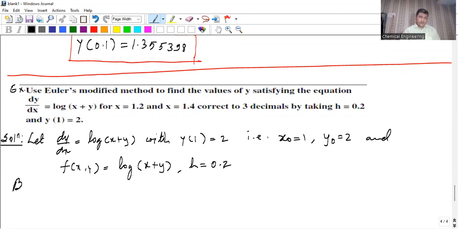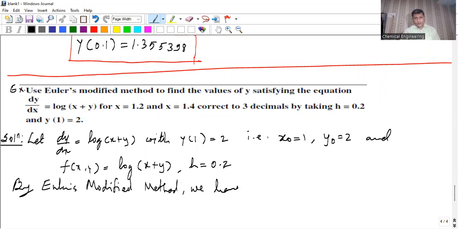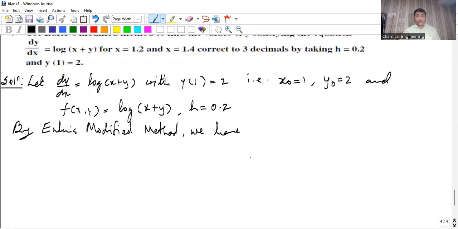So we can have, by Euler's modified method, we have to use the prediction twice and the correction twice. So please use your calculator. y1 is equal to y0 plus h times f of x0, y0.